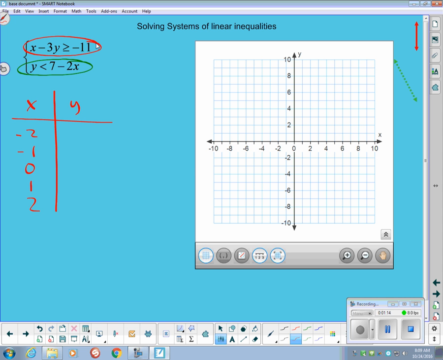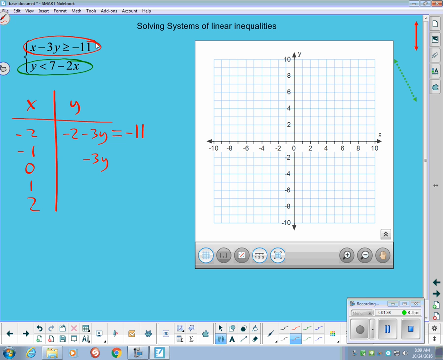So if I put a -2 in for x in the first equation, I would get -2 minus 3y. And since I'm trying to find the boundary line, I'm just going to compare that to -11 right now. So I would add 2 to both sides. I'm going to show some work here that I will delete later.